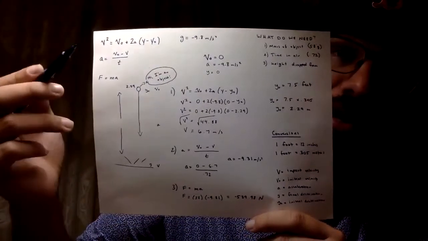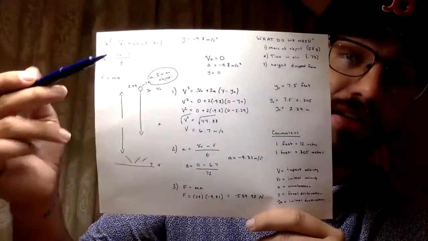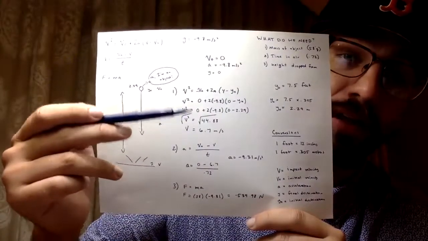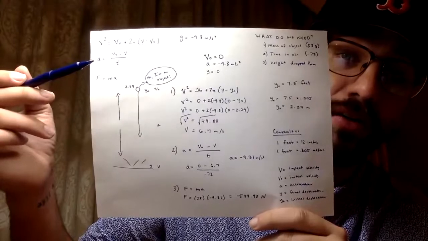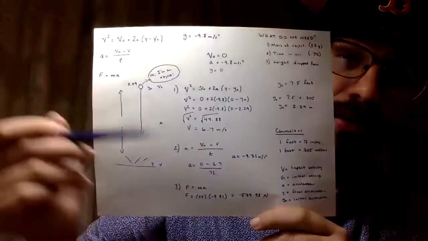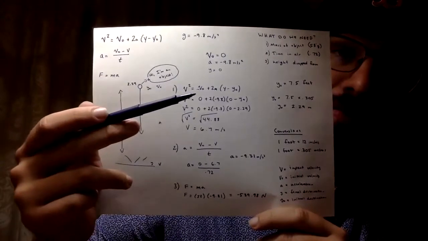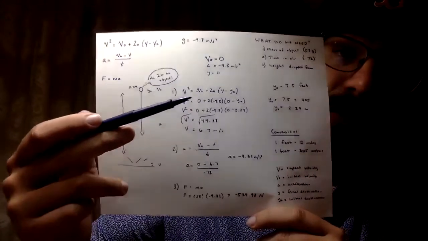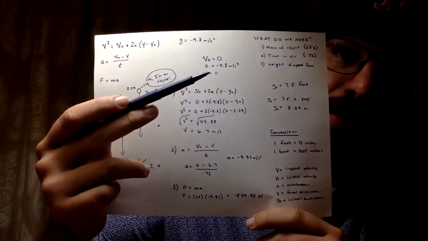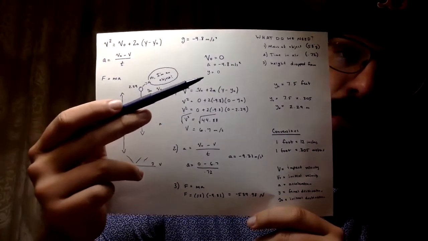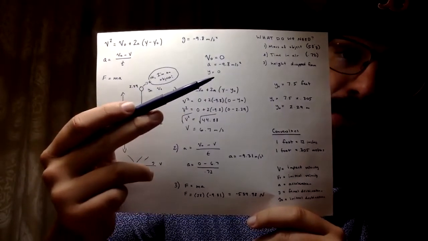So basically, we calculated the impact velocity with this equation right here. Okay, we calculated acceleration with this equation right here. We calculated force with our final equation. Remember that initial velocity is always 0, a is always negative 9.8 meters per second squared, and y right here is always 0 as well.